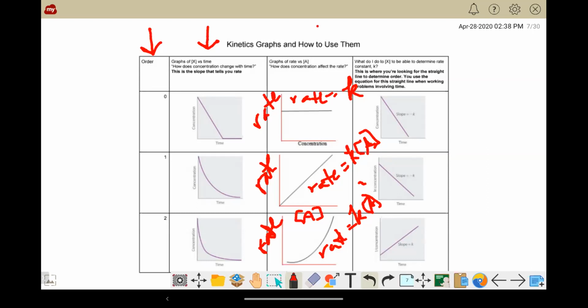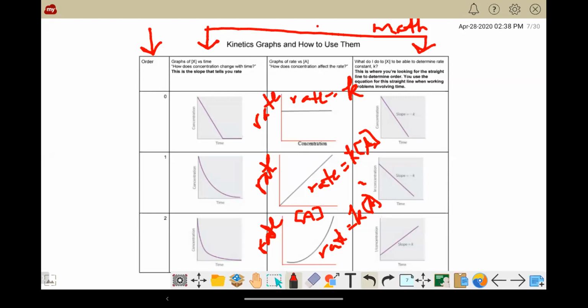The last column is essentially a mathematical manipulation of the first. And it's to linearize the graph so that we have a y equals mx plus b relationship. So in the case of a 0 order reaction, it's already a linear relationship. We don't have to do anything with that.